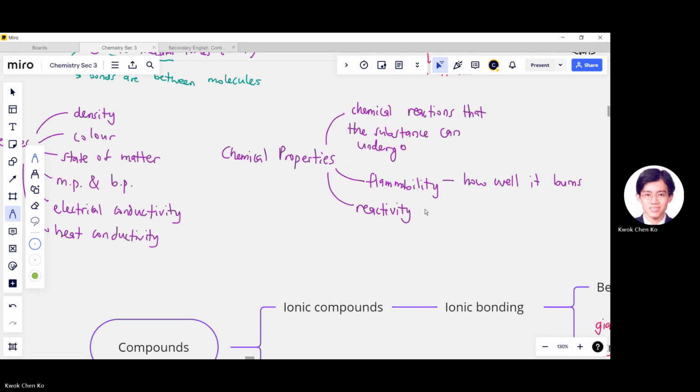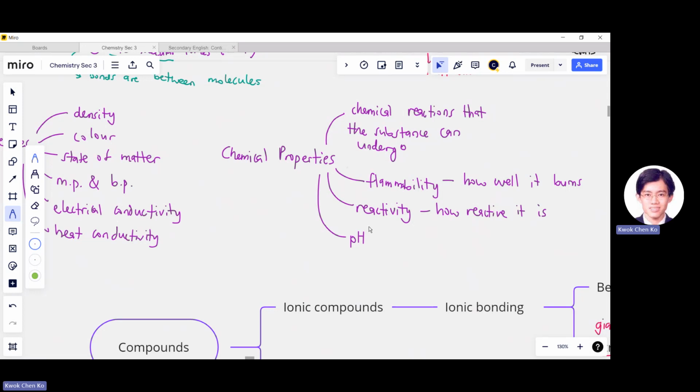Reactivity. How reactive it is. And occasionally, or in some cases, pH. pH is quite a bit gray.